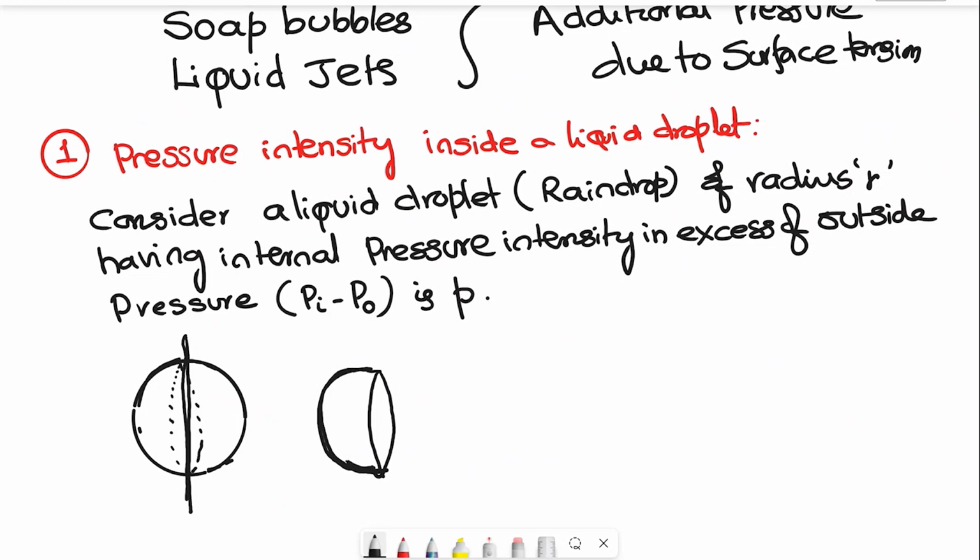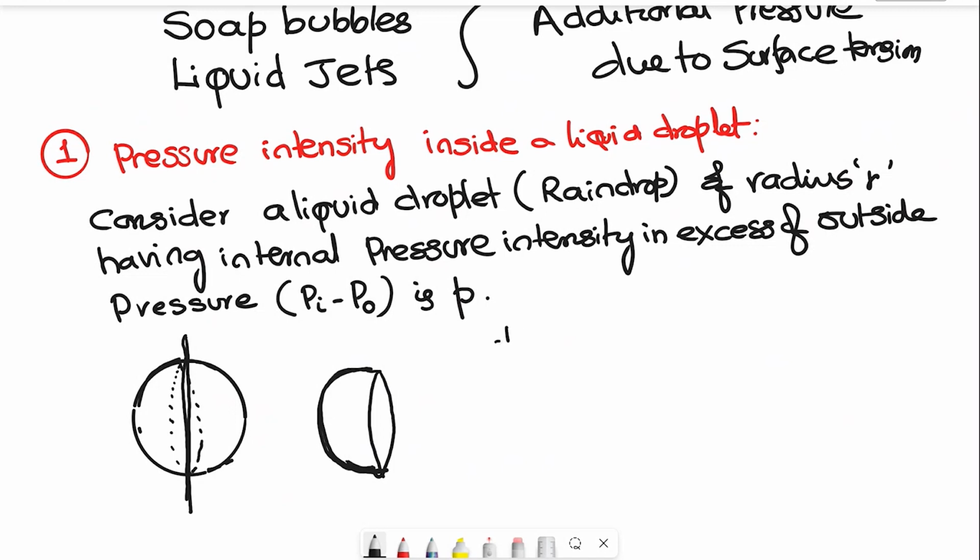We know the minimum surface area in three-dimensional space is a sphere only. So when it tries to attain that minimum surface area because of surface tension, the pressure inside opposes it. So there are two forces here, right? That's what I wish to mention.